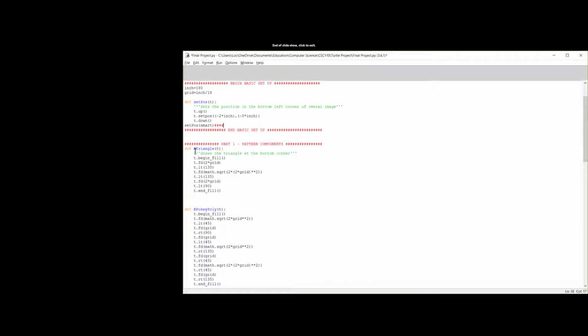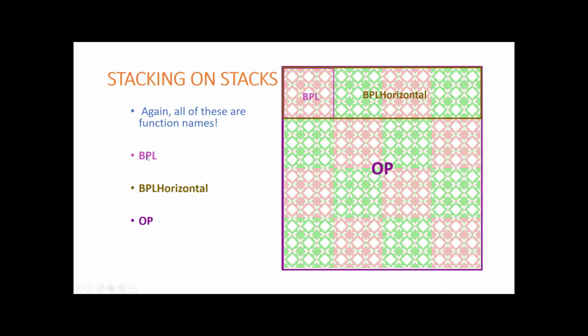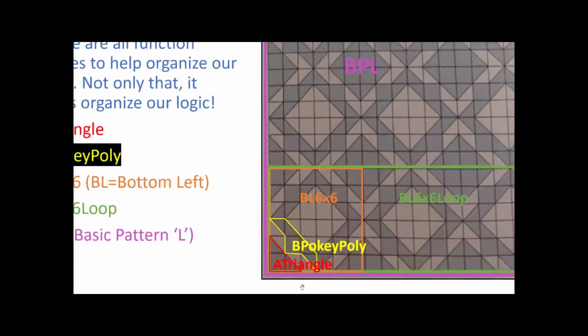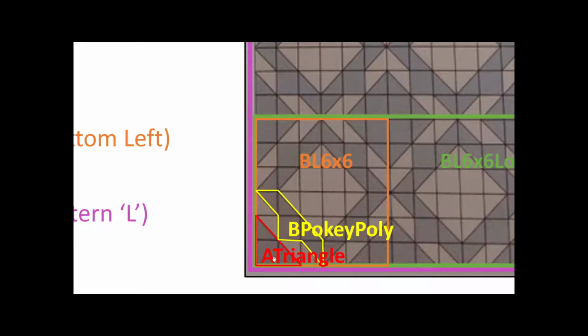Now we have a triangle. Okay, remember when we talked about that from the beginning? A triangle right there. Essentially, since I'm starting at the center of the screen, which I've set at the very far left, I'm choosing to start right here.